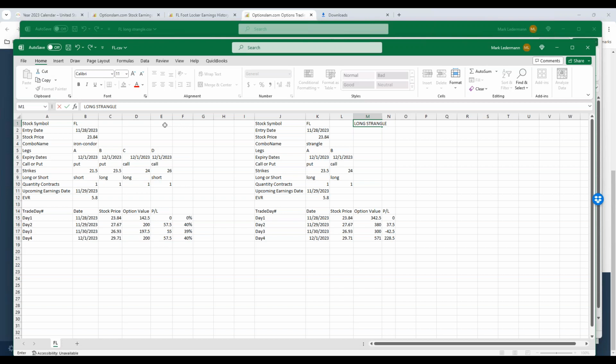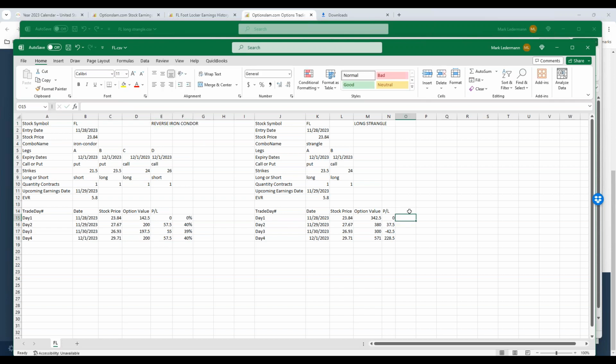And we're going to compare it to the reverse iron condor. In this case, as a condor.